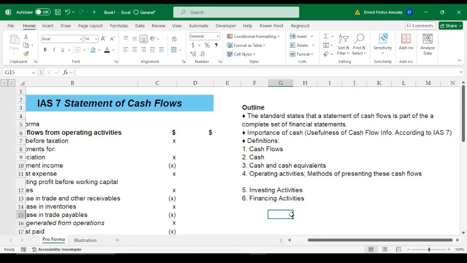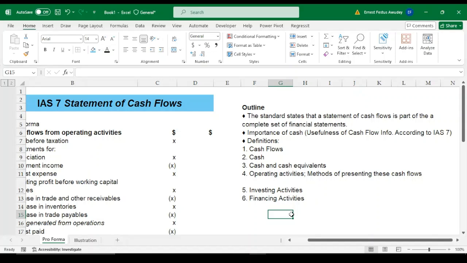It also enhances the comparability of operating performance reported by different entities by eliminating the effect of alternative accounting treatments. And then finally, historical cash flow information can be used as an indicator of the amount, timing, and certainty of cash flows. So those are some of the usefulness of cash flow information according to IAS 7.